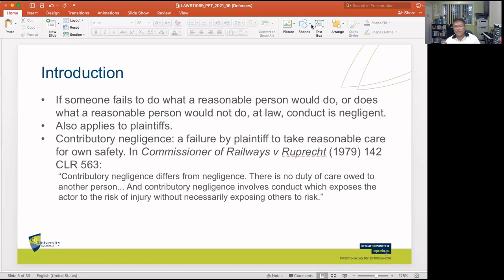Contributory negligence involves conduct which exposes the actor, the plaintiff, to the risk of injury without necessarily exposing others to risk. So it's the contributory negligence of the plaintiff which leads to harm to himself. If it leads to harm to another person, to a defendant, then that is simply negligence. That is what we ordinarily would speak of as tortious action that leads then to an action on the basis of torts.